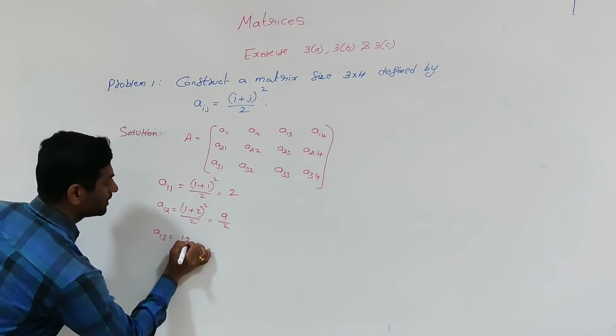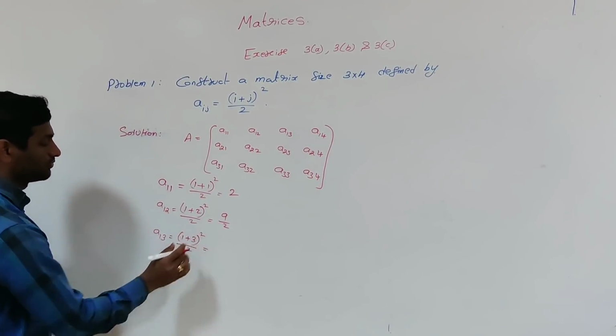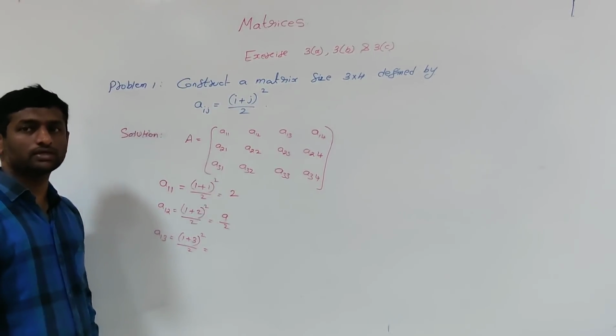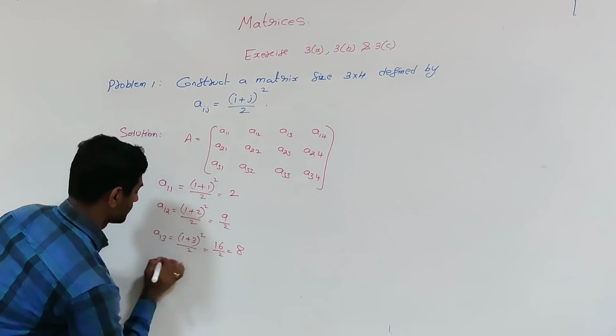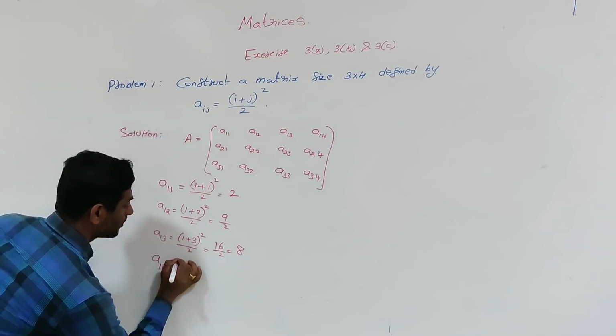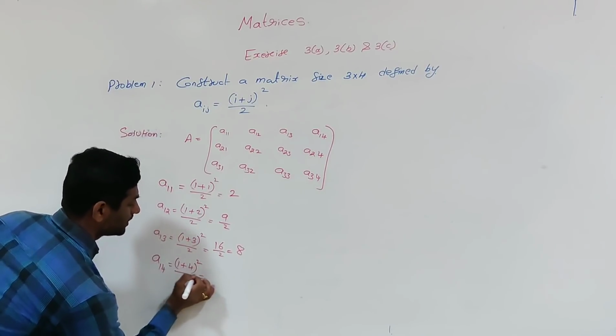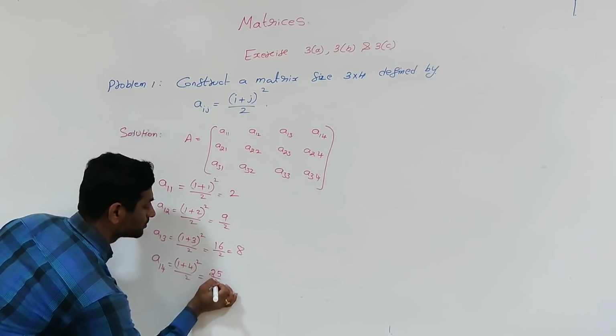A13 is (1 plus 3) whole square by 2, which is 1 plus 3 is 4, square 16 by 2 is 8. A14 is (1 plus 4) whole square by 2, it is 1 plus 4 is 5, square 25 by 2.